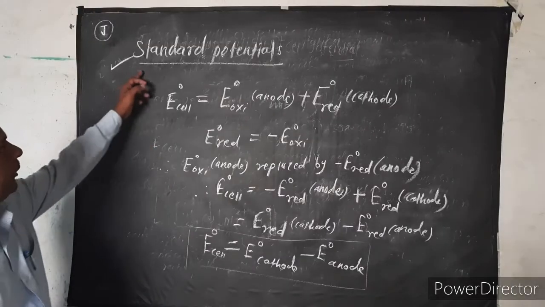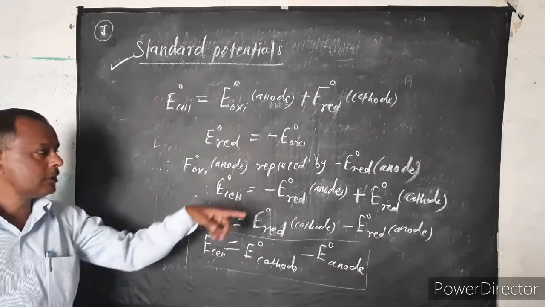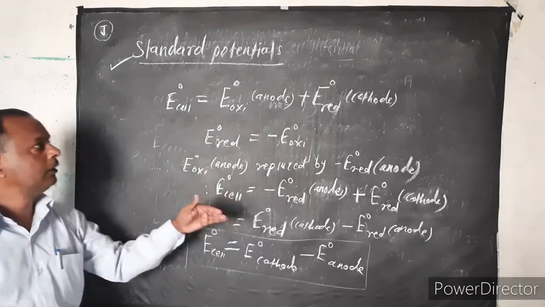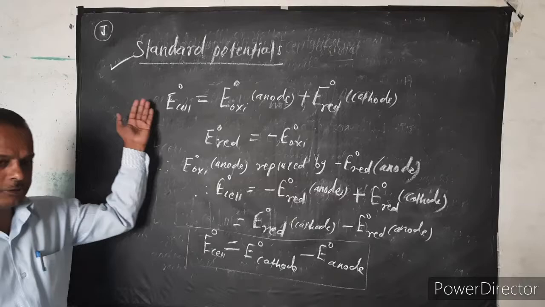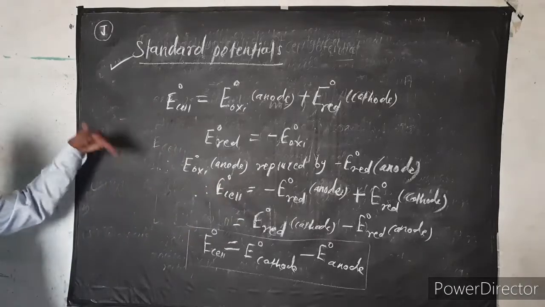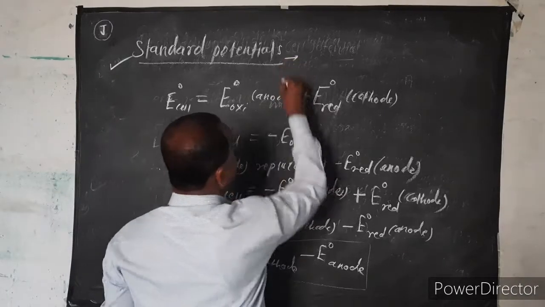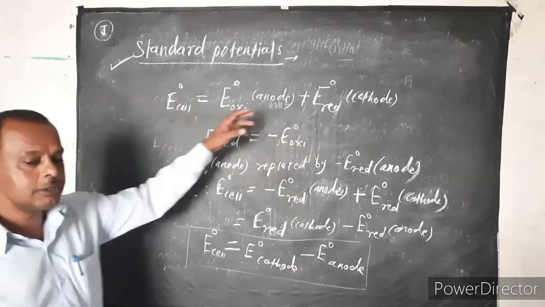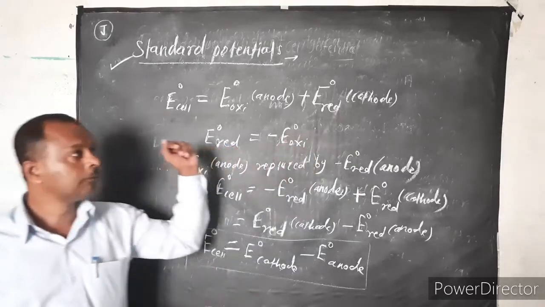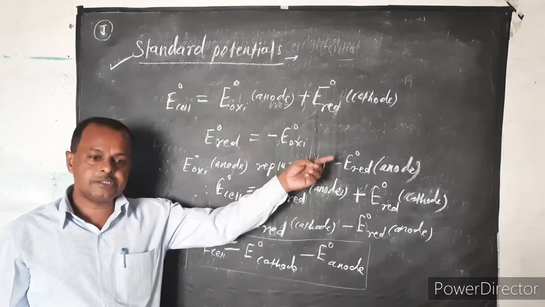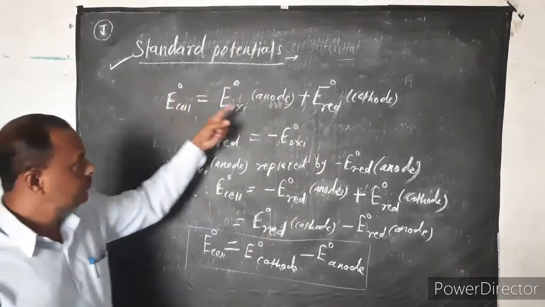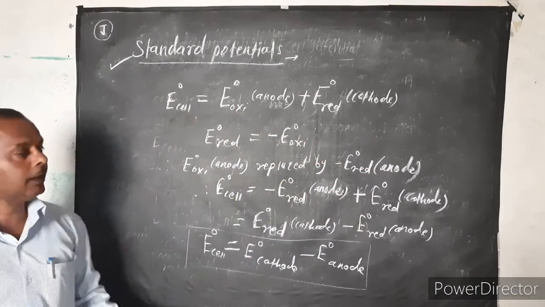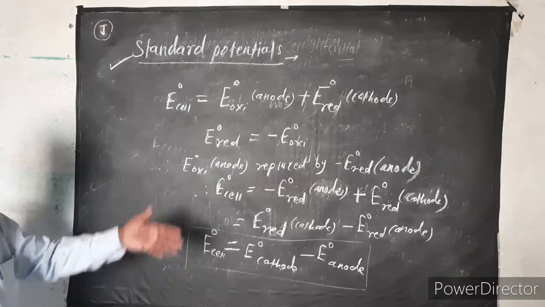The next point is standard potential. Standard potential means the potential measured under standard conditions. The voltage is measured under standard conditions. The standard conditions are that the concentration of solution should be 1 molar, the pressure for gases is 1 atmosphere, and the temperature is 25 degrees Celsius.